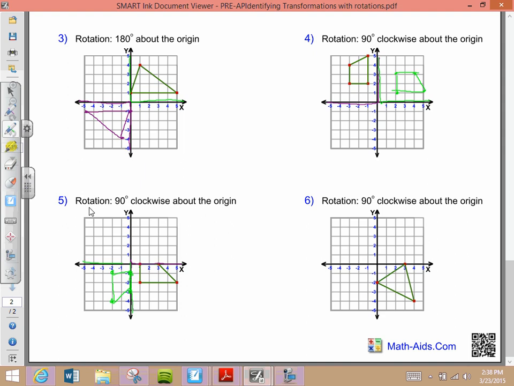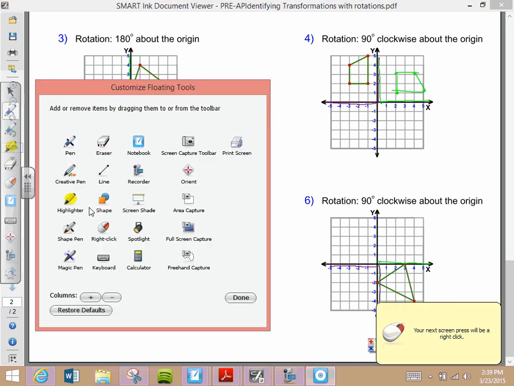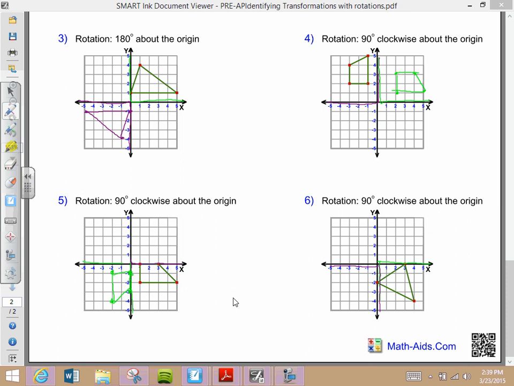And then the last one is clockwise as well. What am I doing? That looks awful. Go away. There it goes. What is it doing? I know.